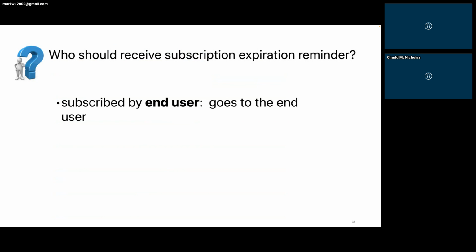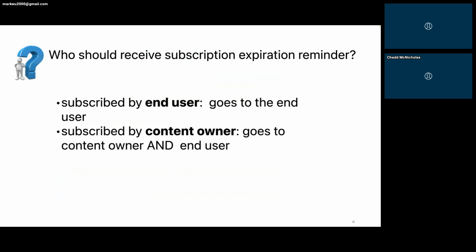Remember that the subscription can be done by the end user, the account owner, or the project leader. If it is originally subscribed by the end user, of course, it makes sense for this notification to go to the end user. However, if it is originally subscribed by the account owner, the owner can invite a group of users or individual ones to subscribe.